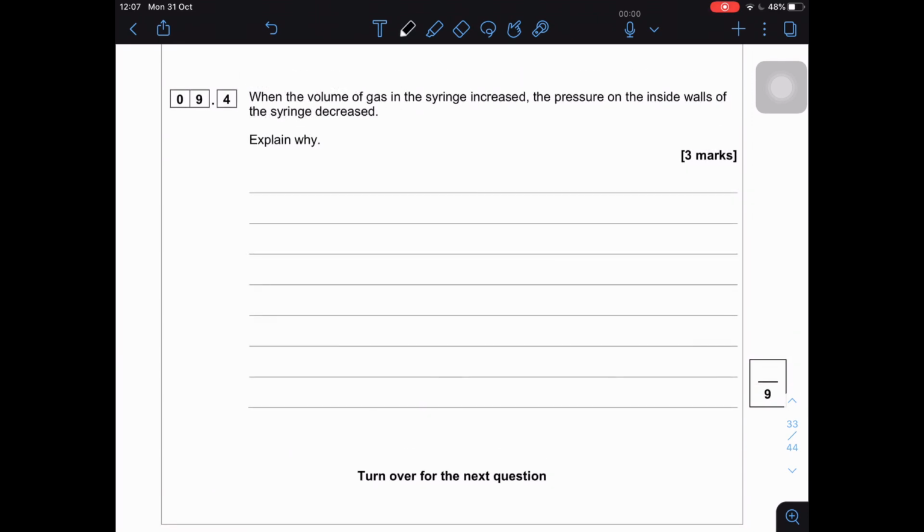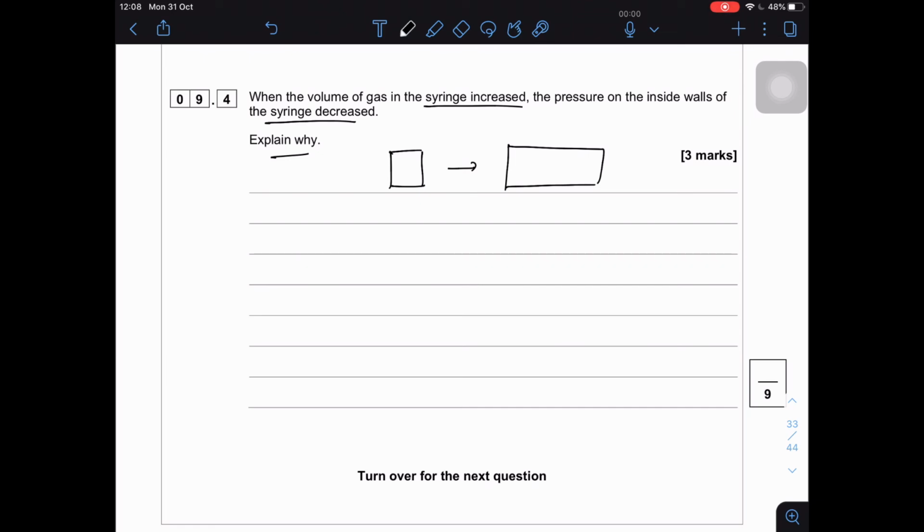So 9.4, when the volume of gas in the syringe is increased, the pressure on the inside walls of the syringe is decreased. Explain why. If you don't understand the question, the first thing I will ask you to do is draw a diagram. So the volume of the gas in the syringe was increased.